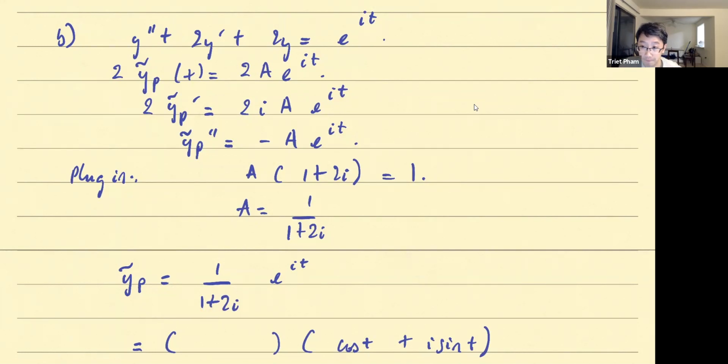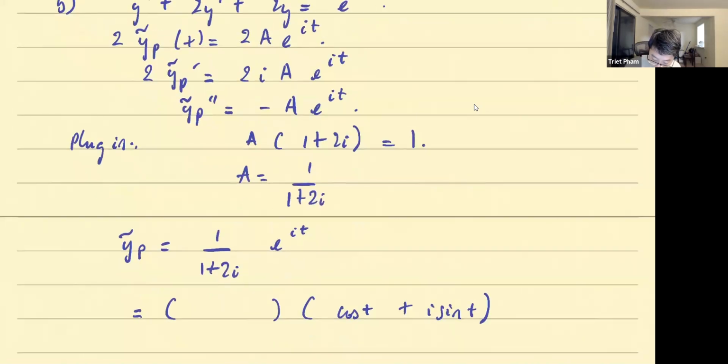What's the technique? How do I convert 1 over 1 plus 2i into a plus bi? Exactly, conjugate. So the conjugate will be 1 minus 2i over 5. Are you okay?